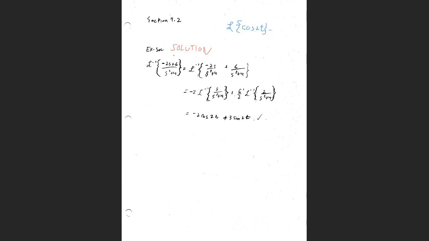Well, k is equal to 2, so that's going to equal s divided by s squared plus 2 squared. So the Laplace transform of the cosine of 2t is equal to s over s squared plus 2 squared.